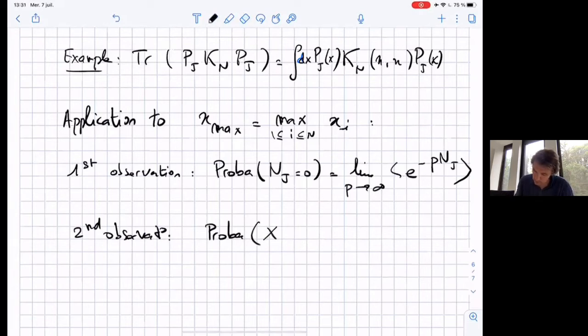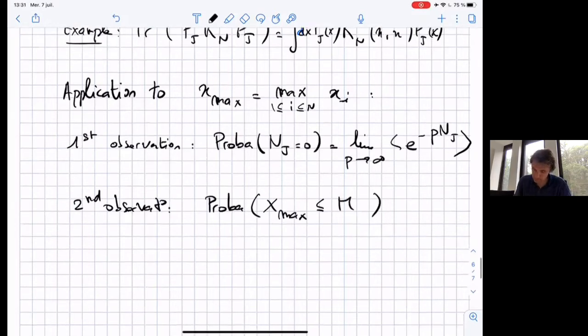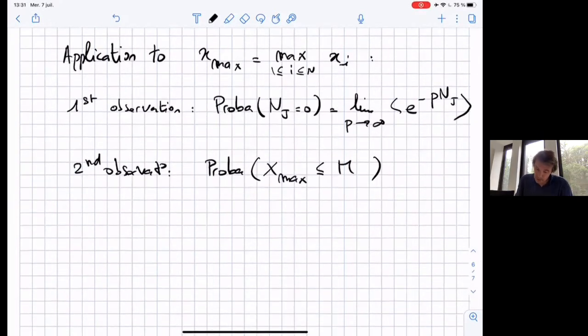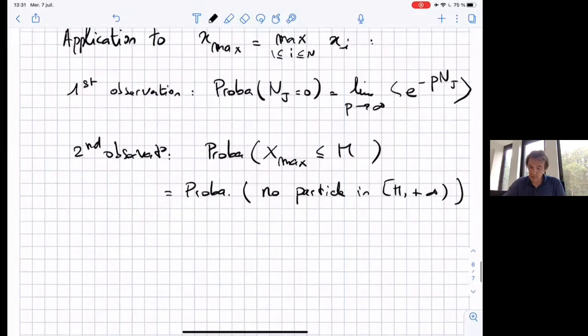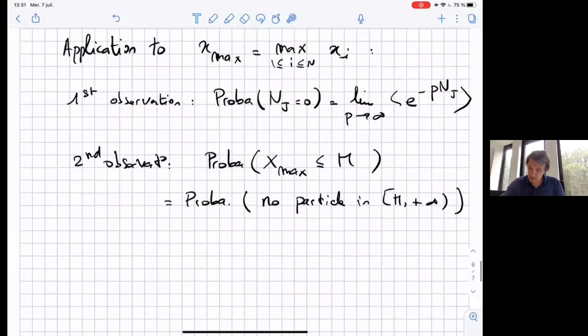If you want the probability that all the particles are less than m, this is just the probability that there is no particle in the interval m plus infinity. So that's a hole probability on this interval.